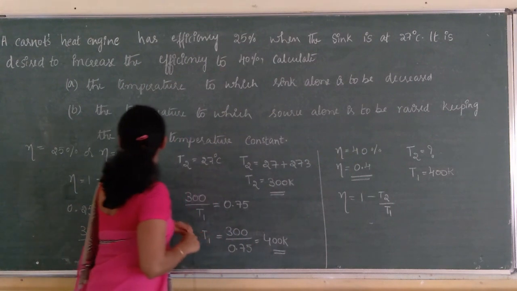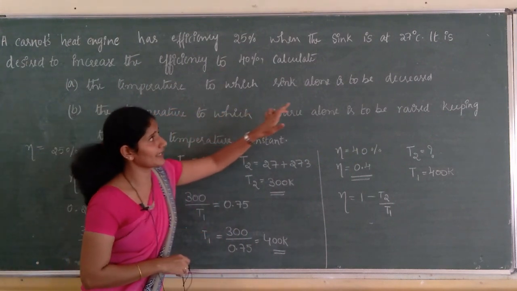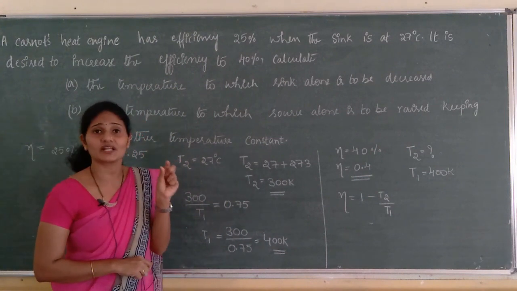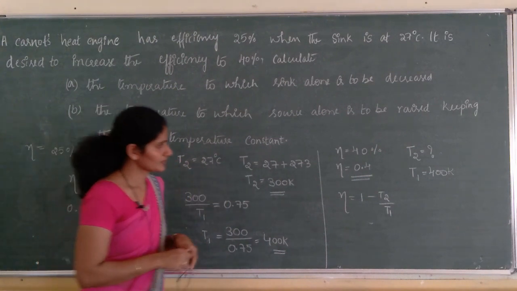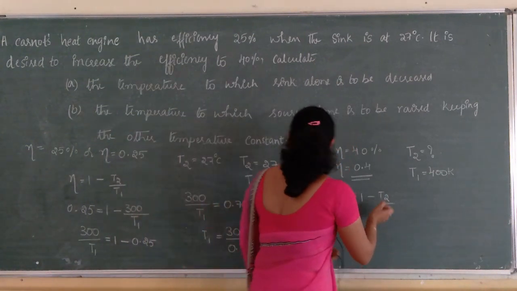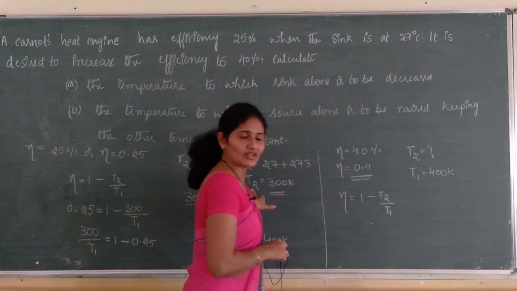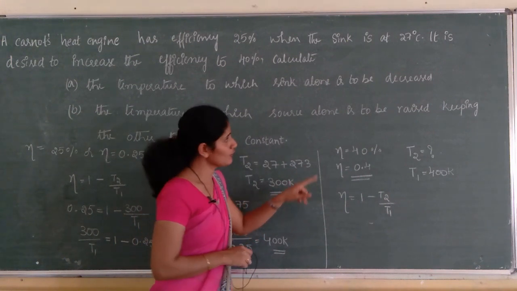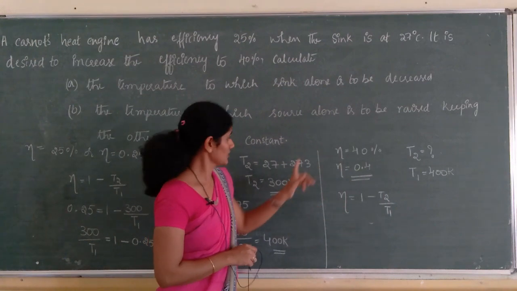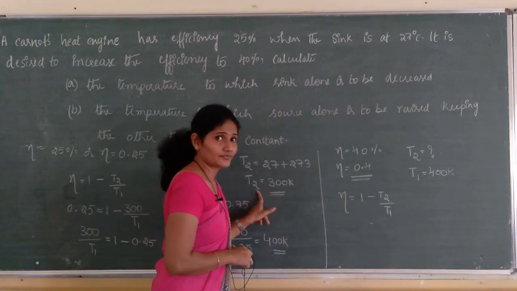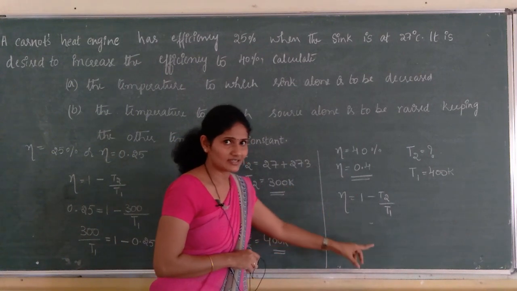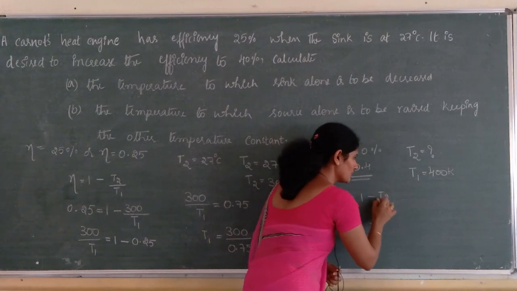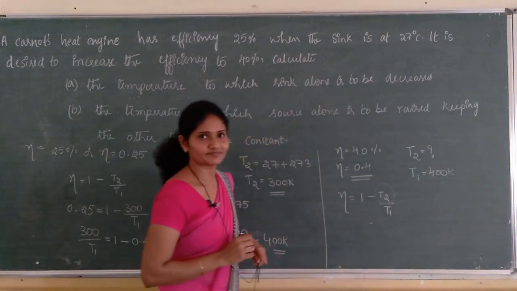Okay. The temperature to which the sink alone is to be decreased, that means how much the temperature of the sink is decreased. So, for that we know the value of T2. When efficiency is 25%, T2 is 300 Kelvin. Now, we are decreasing the value of the sink, T2 minus something, right.